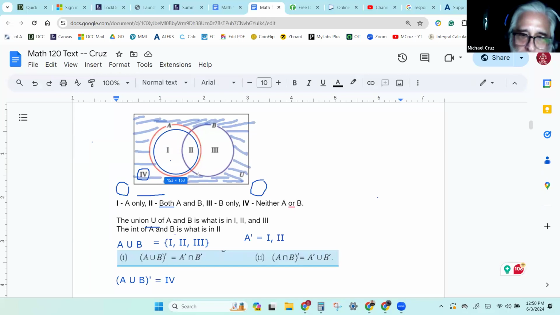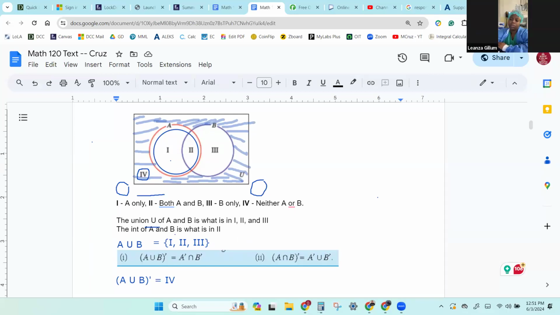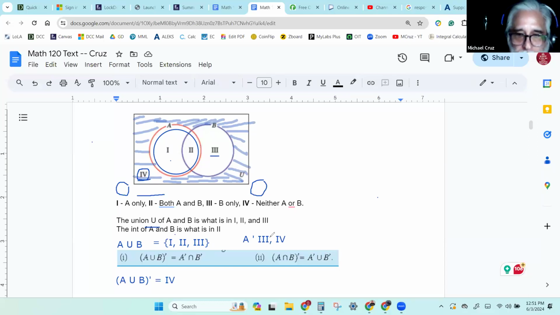There's a 1 and the 2 inside of A that make up A. So A complement is everything that's not these 2. Well, that's 3 and 4. So 1 and 2 makes up A. What's not in A, or its complement, is 3 and 4.